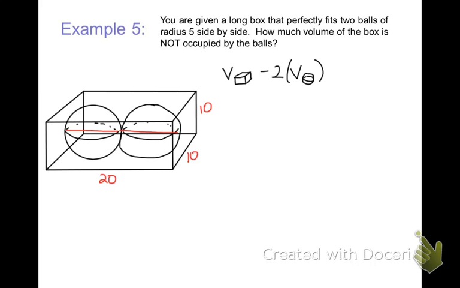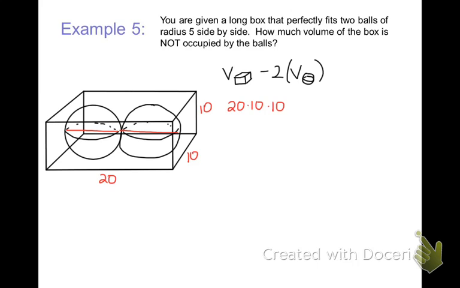So when I do this calculation for the volume of the box, it's going to be 20 times 10. No. 20 times 10 for the area of the base, but then we take that times the height, which is 10. Right? We're not finding surface area, we're finding volume. Any questions on why that's the volume of the box?